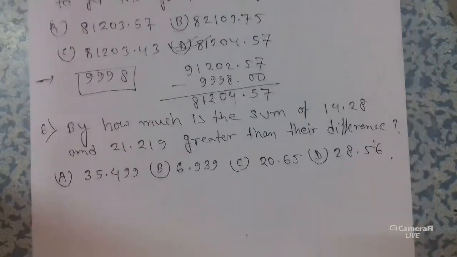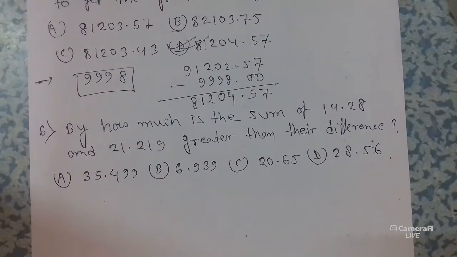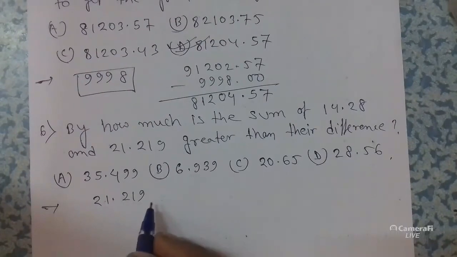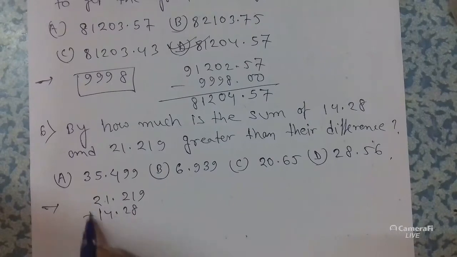28.56. So the problem is, by how much is the sum of this and this greater than their difference. So at first we have to find the sum. So 21.219 and 14.28.